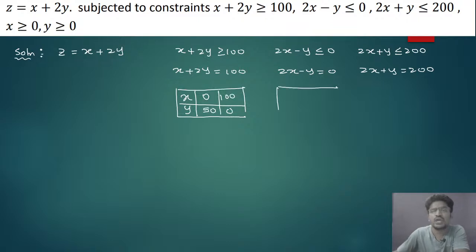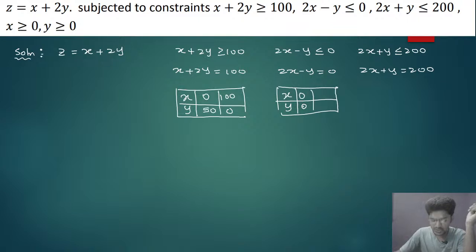In the same way, go for the second equation. See here, if x is 0, y will be 0. If x is 0, y is 0, it means the line passes through the origin. So here you have to solve with the previous points.